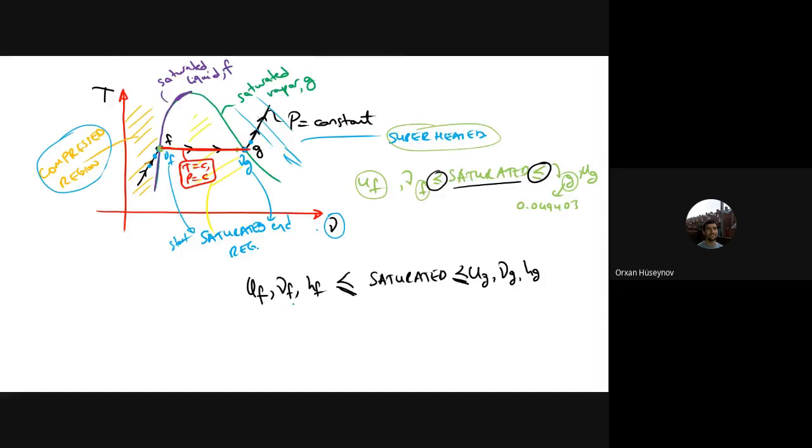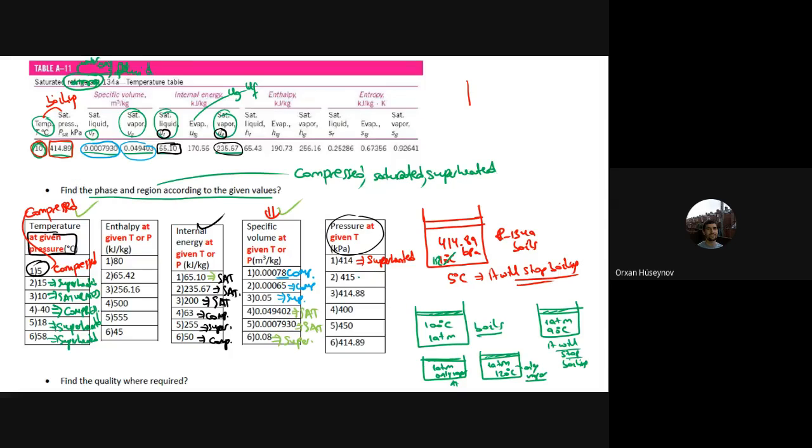Okay. Now let's do the second one, 415. So P is inversely related to T. Yes, we can say, Suleiman, P is inverse to T. So what about the second one, 415? Compressed, superheated.